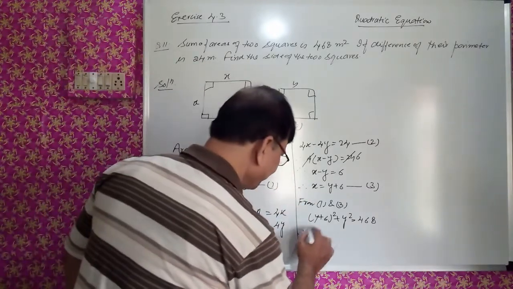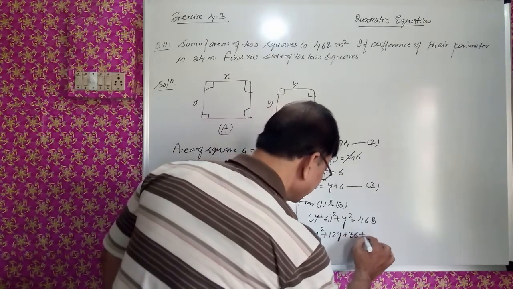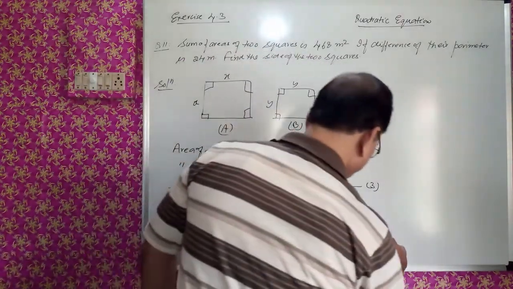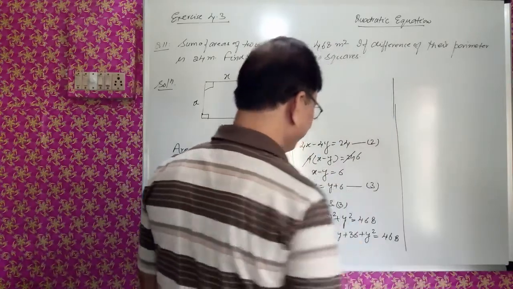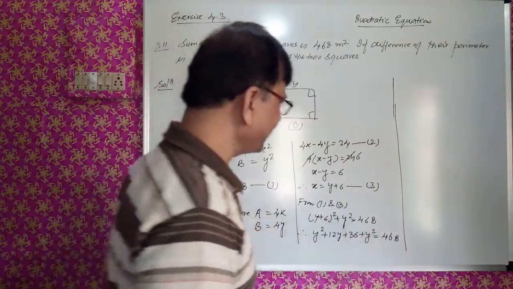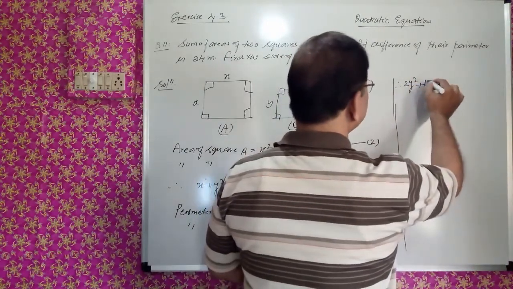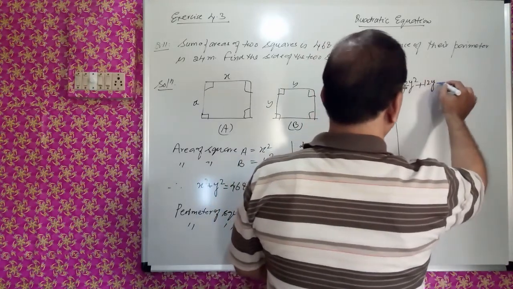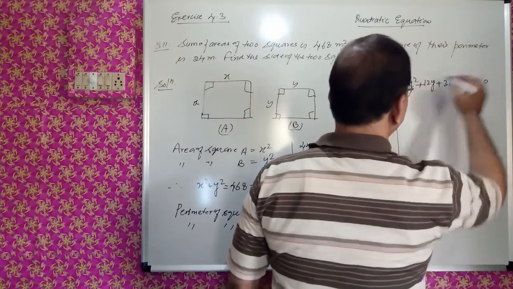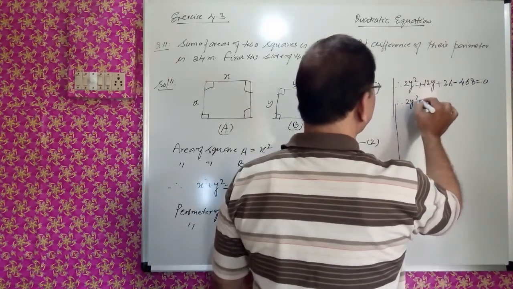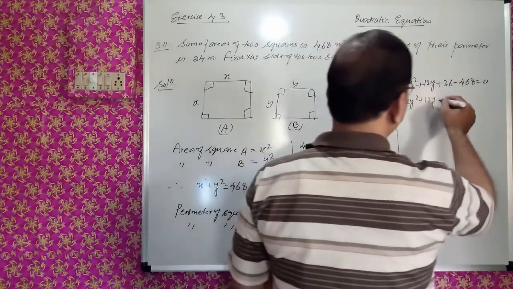Squaring, we get y squared plus 12y plus 36 plus y squared is equal to 468. Further simplification: y squared plus y squared is 2y squared, plus 12y, plus 36 minus 468 equal to 0. 36 minus 468 gives minus 432. So 2y squared plus 12y minus 432 is equal to 0.